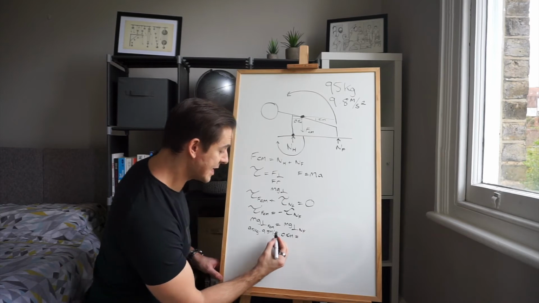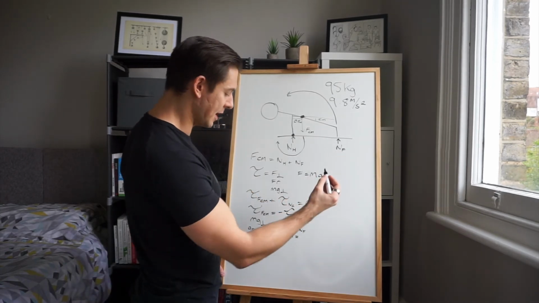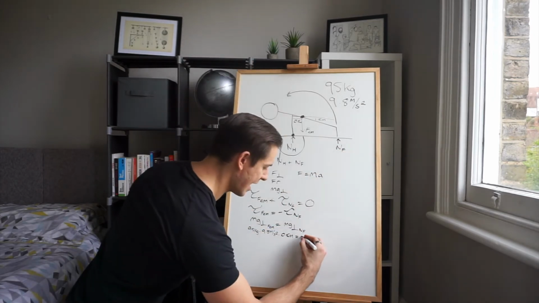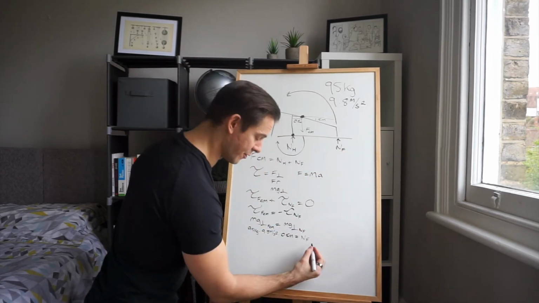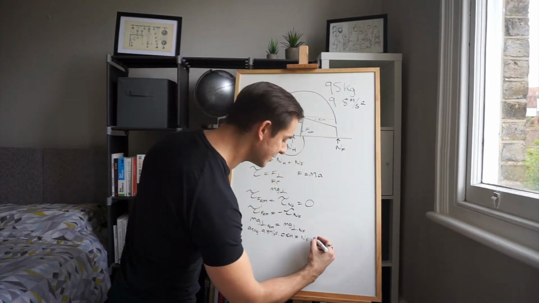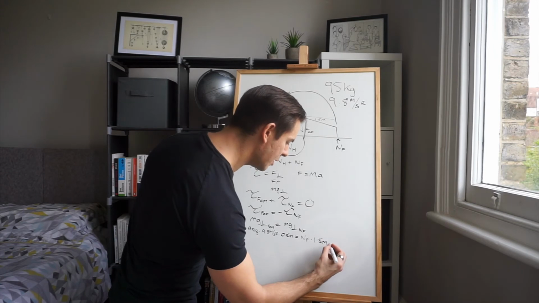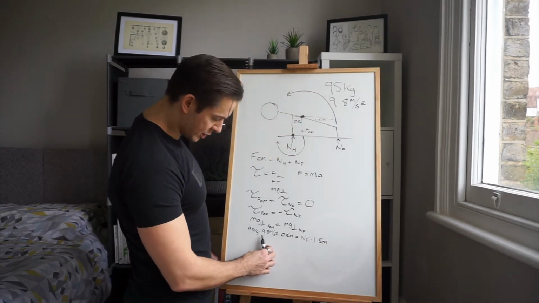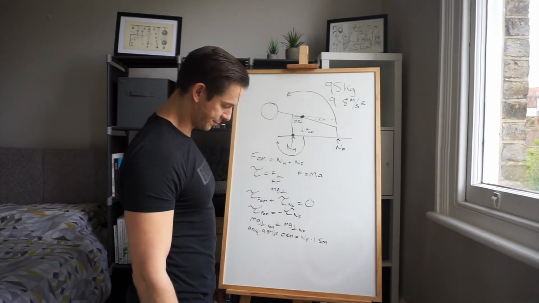And we know that that is equal to the torque being provided by this. Well, we don't know what N_F is yet, so let's leave that as just N_F, the normal force. But we do know its perpendicular distance. We've just said that's 1.5 meters. So something times 1.5 meters is equal to the sum of that equation.